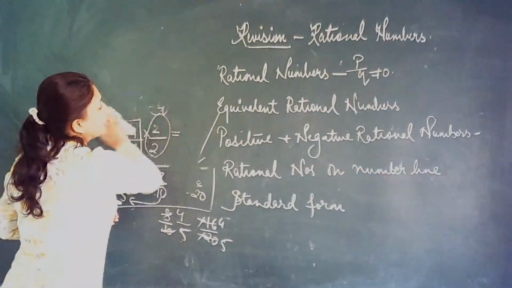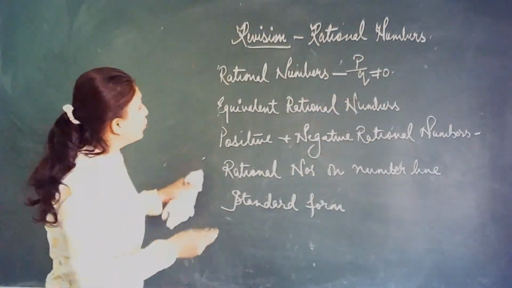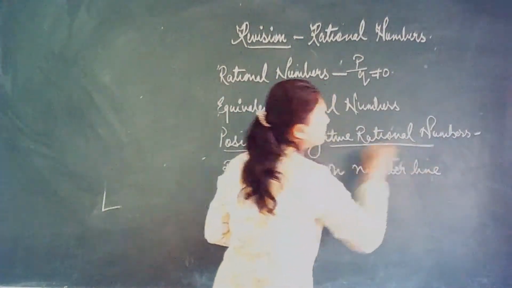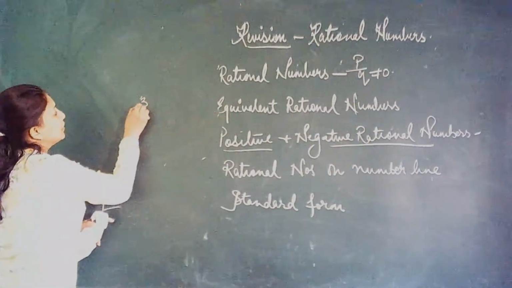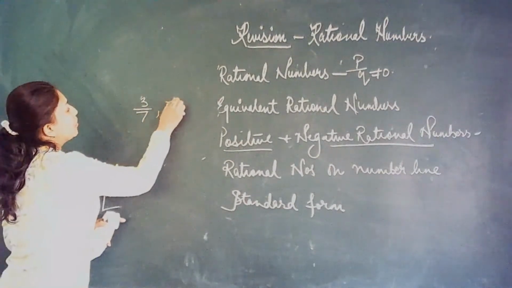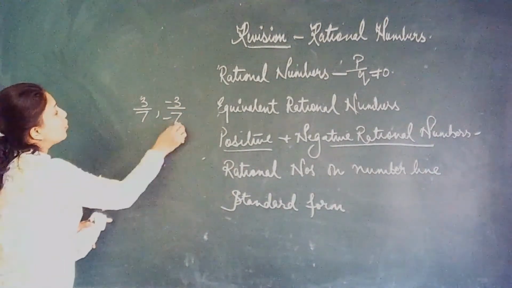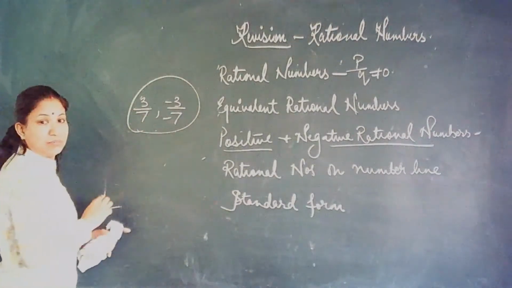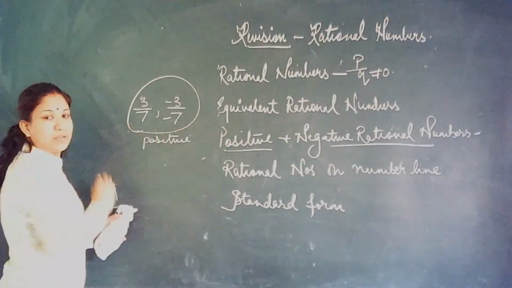Then we have positive and negative rational numbers. Now, what do we mean by positive and negative rational numbers? Let us see. If I have a number 3 by 7 or minus 3 by minus 7, both these rational numbers are positive rational numbers.